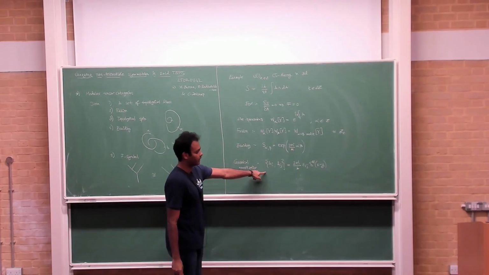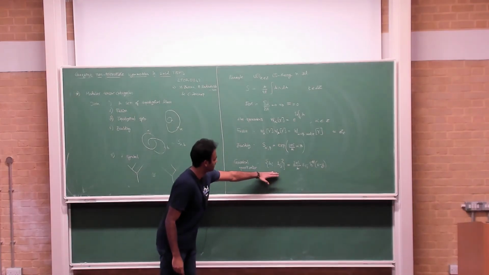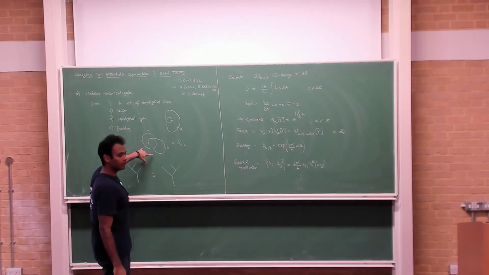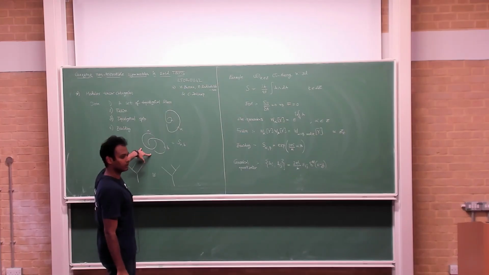So in order to evaluate braiding, what we would do is take this thing and try to evaluate the expectation value of the Hopf link.